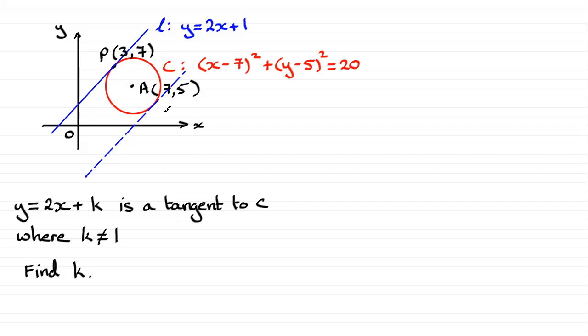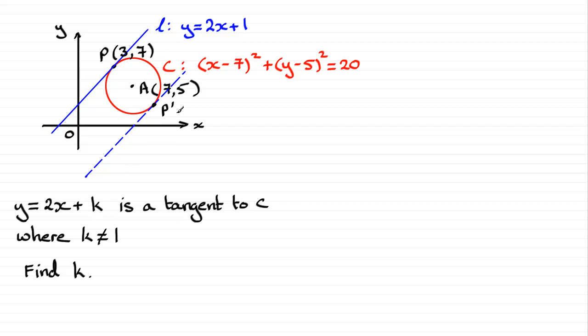And if I call this point here, where it touches the circle, let's say P dash, then all I need to do is establish the coordinates of P dash. Then I could substitute my x coordinate and y coordinate into here, and I should be able to work out what k is.